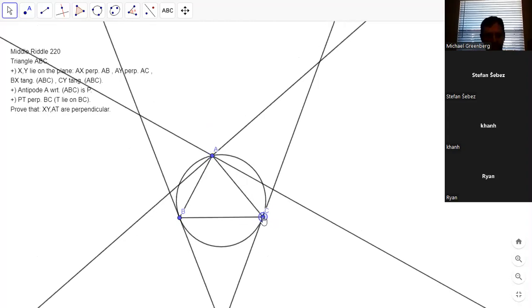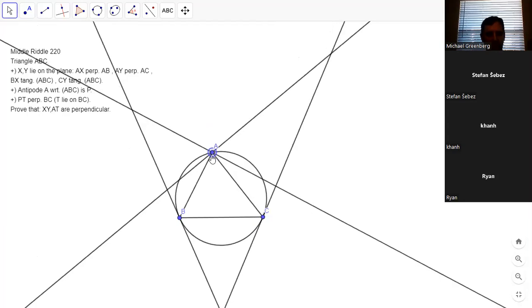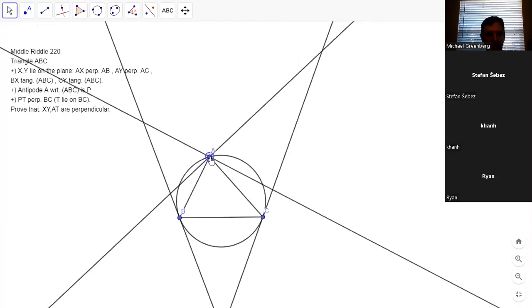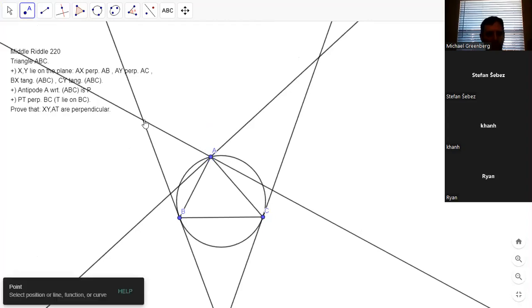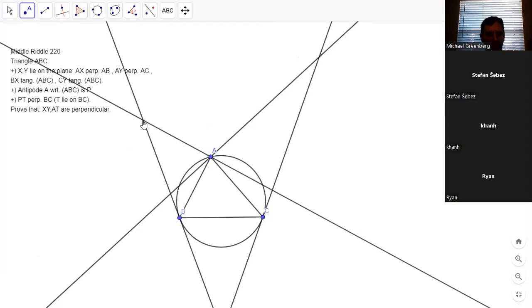So yeah, ABC, we can make a smaller triangle, and then those are X and Y. Okay. So this is X, and this is Y.